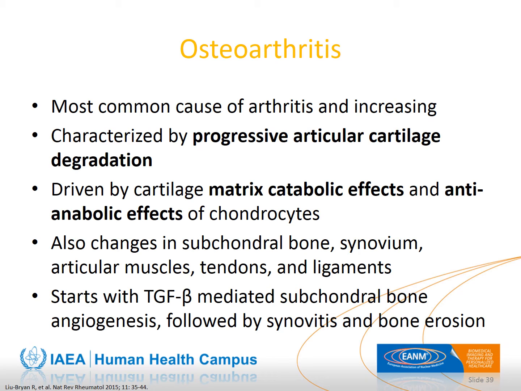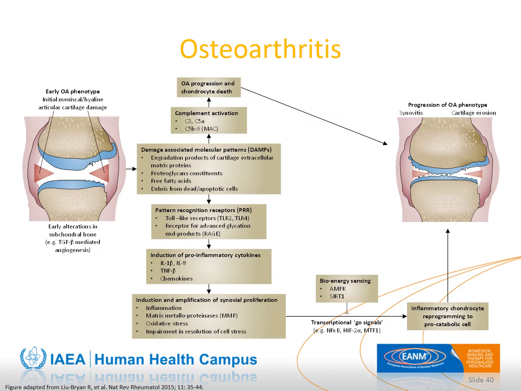One of the earliest changes in osteoarthritis is subchondral bone angiogenesis, which is mediated by transforming growth factor beta. This is followed by macroscopic synovitis and bone erosion in middle and late stages. Currently, it is believed that the initial meniscal or hyaline articular cartilage damage and the effects of aging both result in an increase of damage-associated molecular patterns, also called DAMPs.